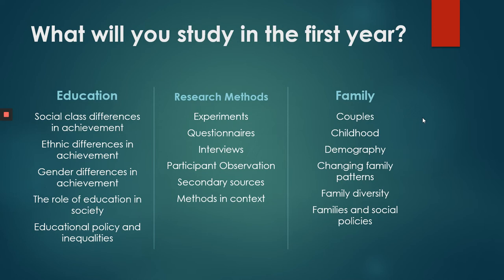So methods in context forms the second part of research methods, and that's why we'll look at each of the different research methods that sociologists can use, and we'll apply those to education.